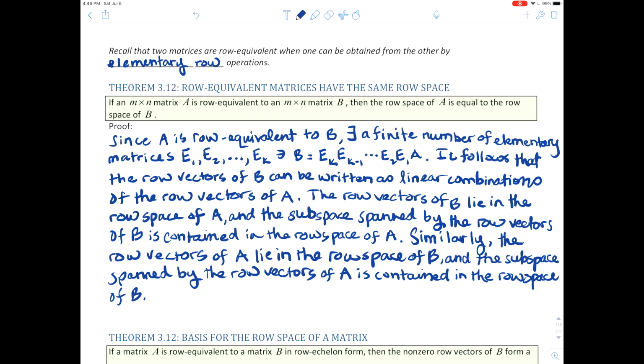And that's what we needed to do when you show that two sets or two spaces are equal: you show that they are subspaces of each other.